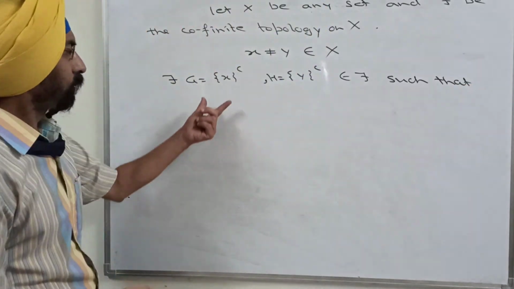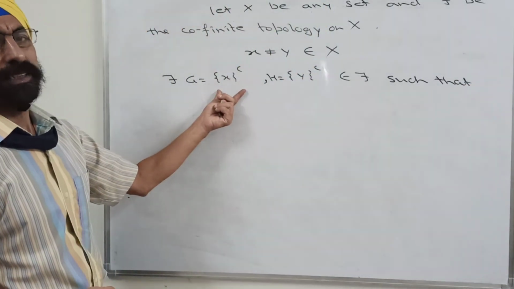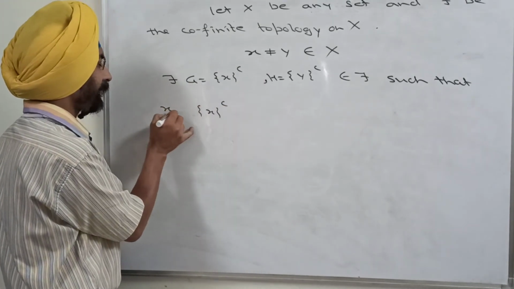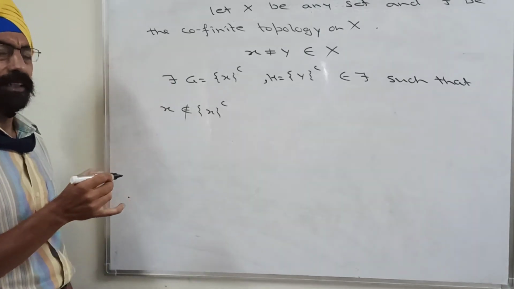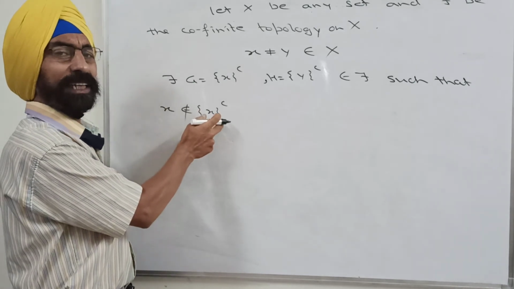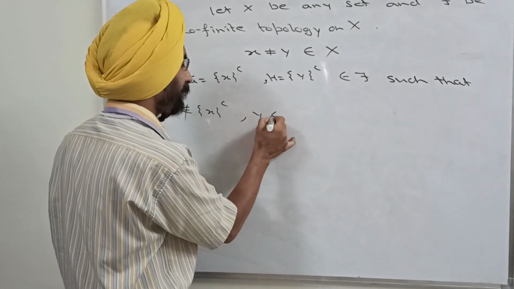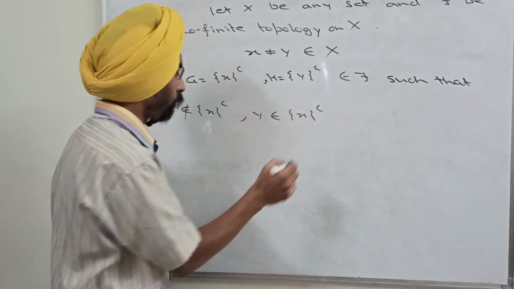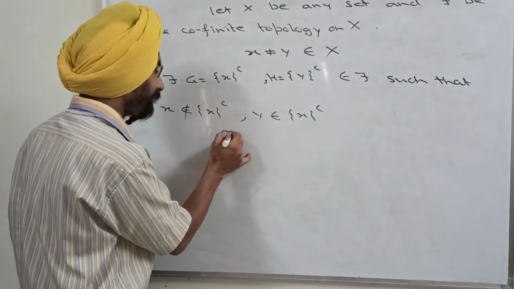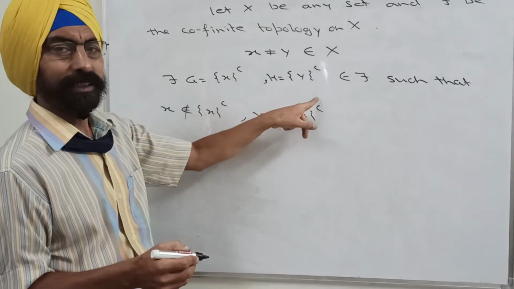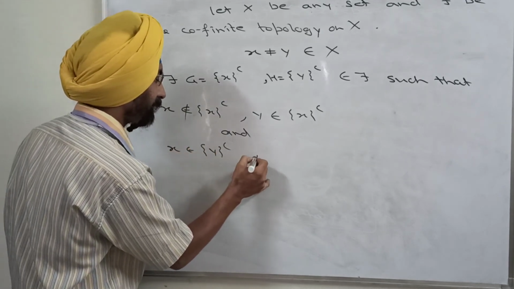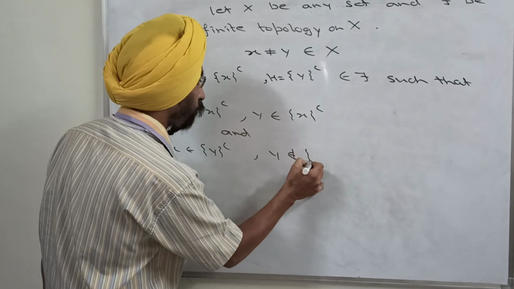this is the complement of {x}. How can the complement of {x} contain x? This open set does not contain x, but it contains everything other than x. That means y is a member of this set. So you have an open set G containing y and not containing x, and you also have an open set H containing x and not containing y.